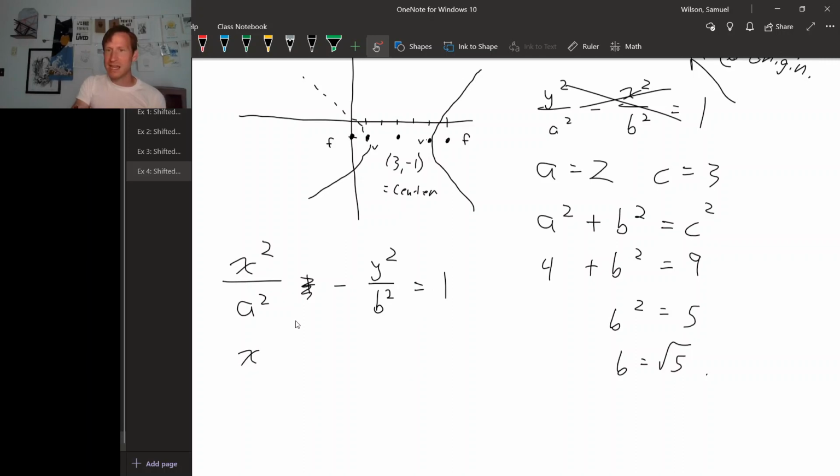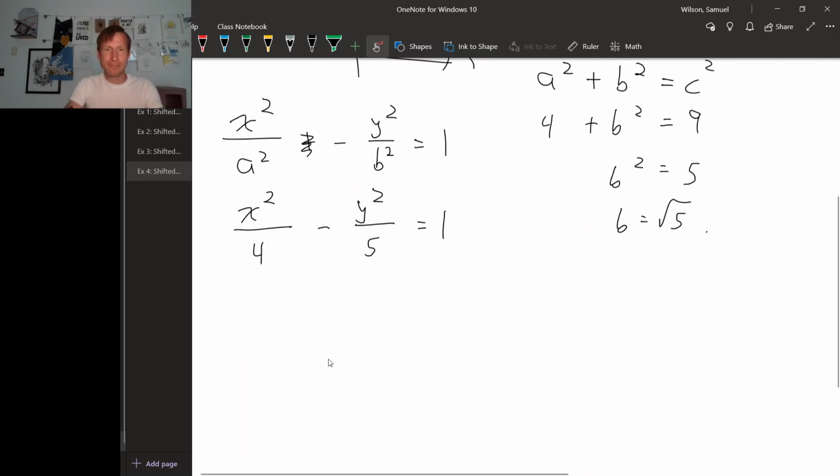We know that a is 2, so a squared is 4, minus y squared over b squared, which is 5, equals 1. Okay, and remember this has the center at the origin. We need to shift this so that the center is at 3 comma minus 1.